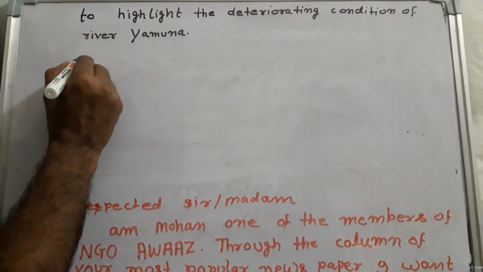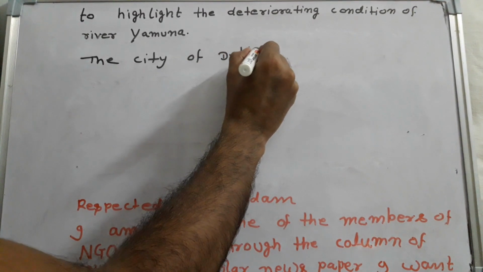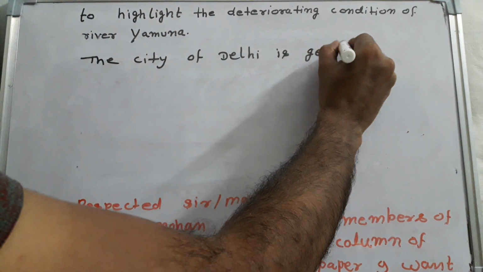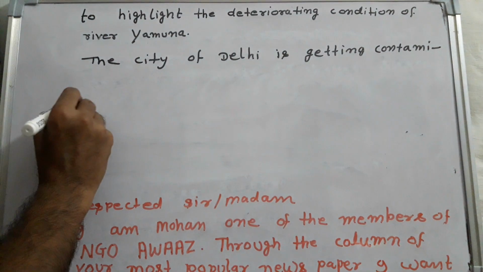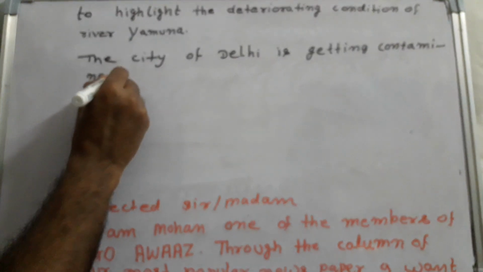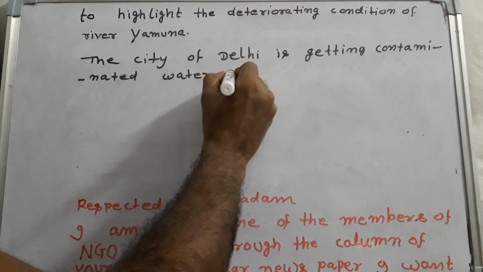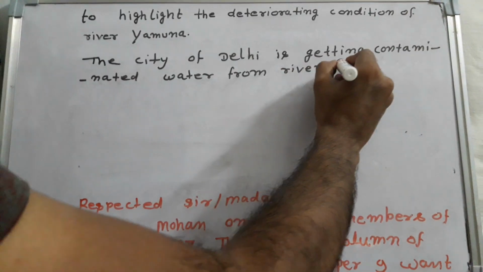The city of Delhi is getting contaminated water from river Yamuna.